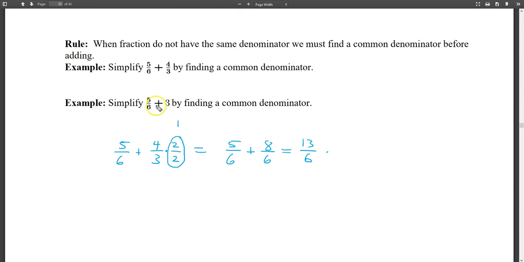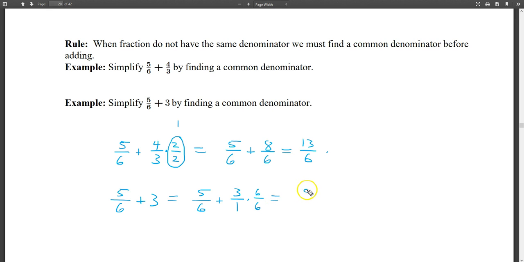Let's look at this one, 5/6 plus 3. Well, now we have to think of the 3 as being 3 over 1. Now this one we can make a common denominator by multiplying the 3 over 1 by 6 over 6.